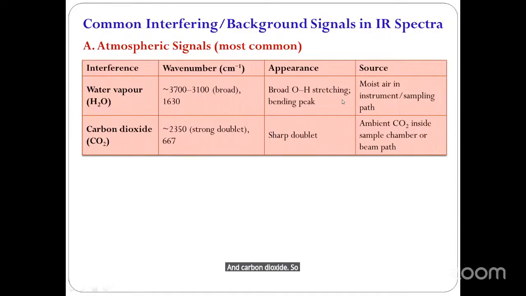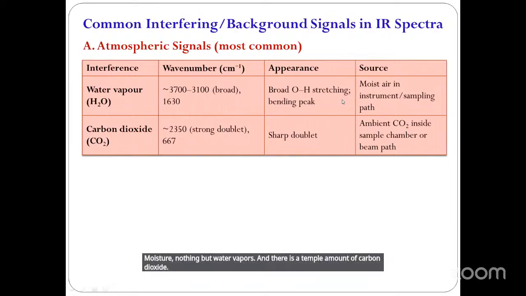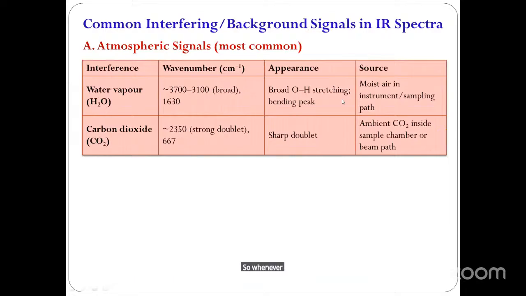We know that the atmosphere contains moisture, nothing but water vapors, and there is an ample amount of carbon dioxide. Whenever water vapors are there, it gives a broad signal between 3700 to 3100 reciprocal centimeter, due to OH stretching in water molecules.